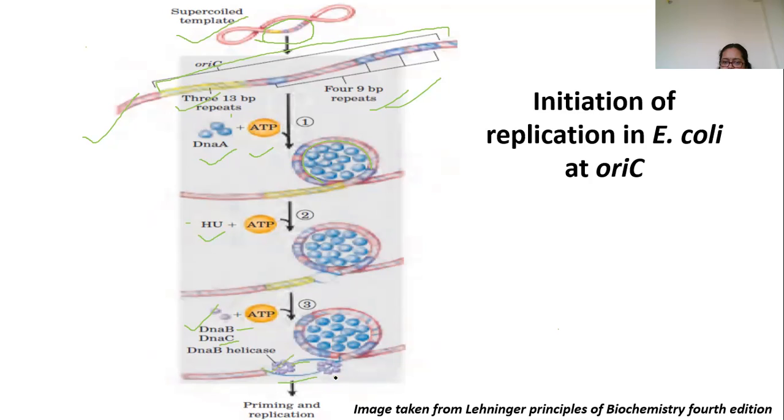You can see here one and two rings. On one parental strand, one DnaB helicase is loaded, and on the second one, the second DnaB helicase is loaded. Okay, so this priming or initiation involves the separation or unwinding of the double-stranded DNA molecule, and it occurs in these steps.